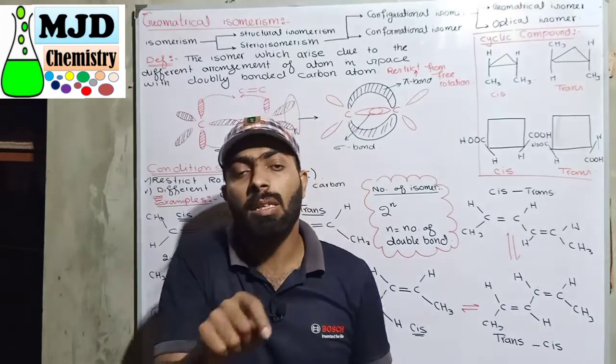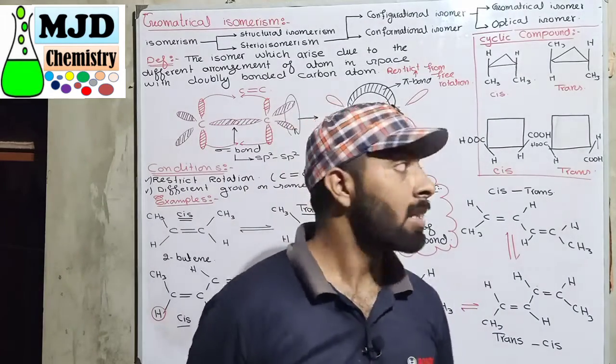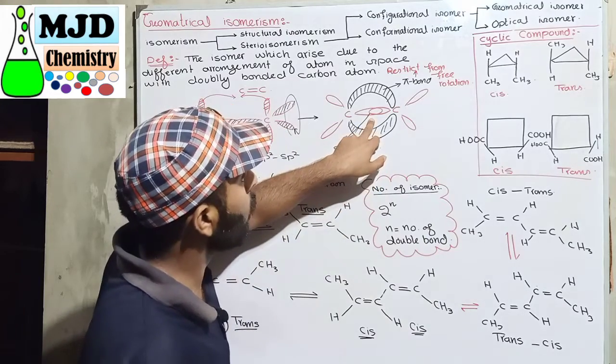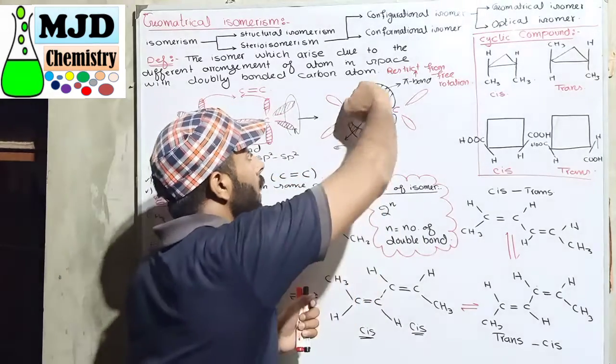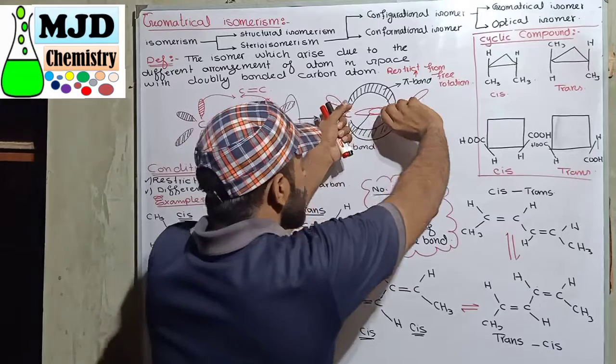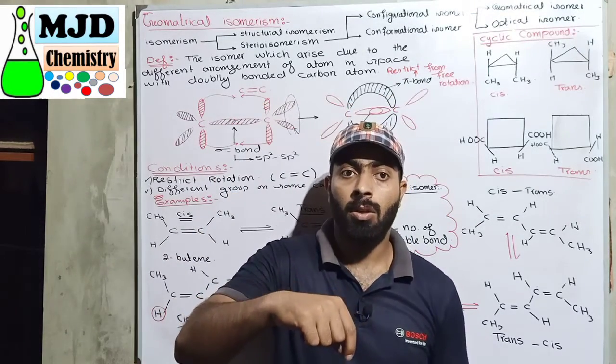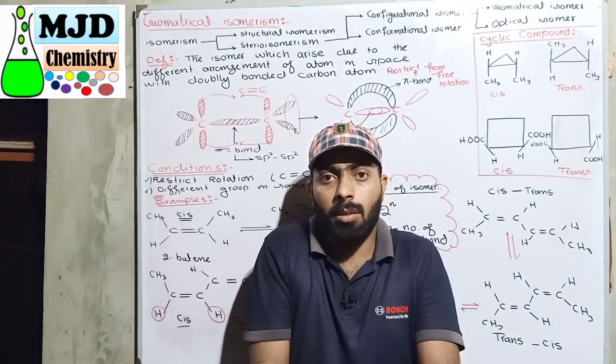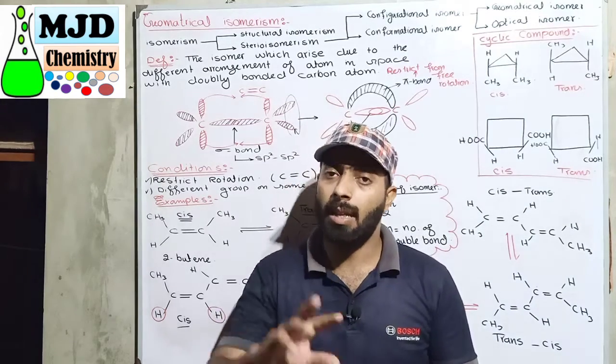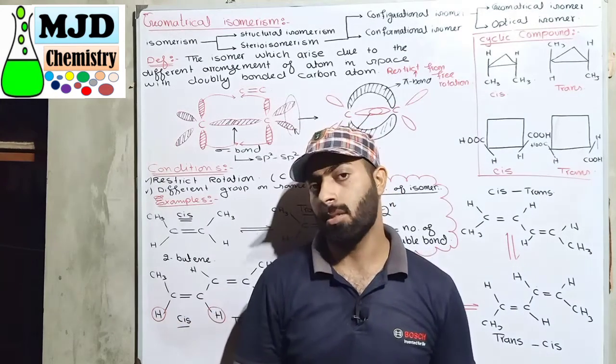So they are restricted in rotation. Similarly here, a sigma bond can easily rotate. When a pi bond is formed, this restricts rotation. When we force it to rotate, the pi bond breaks and then the sigma bond rotates.